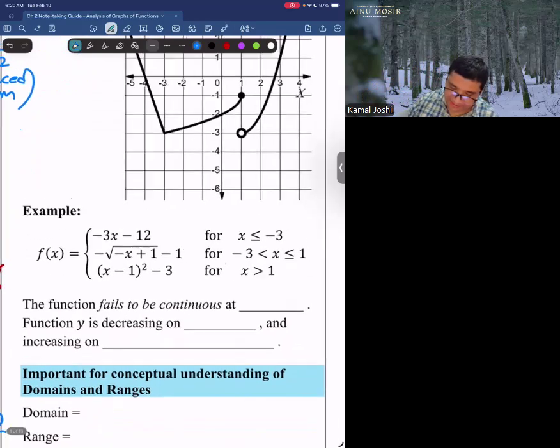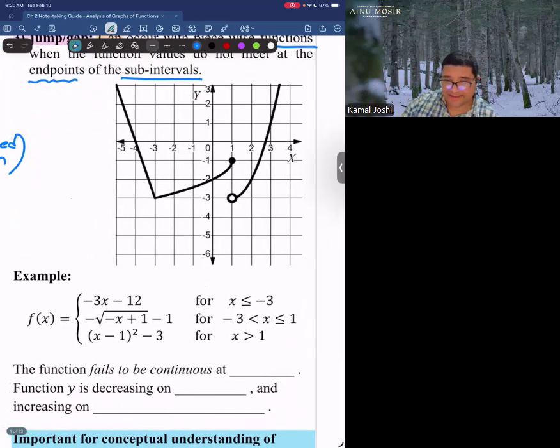Here's an example. On the right side, the parabola. This third equation here is for the right side, for x greater than 1, that parabolic shape. It takes you to almost -3 there.